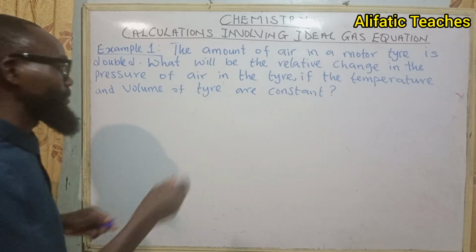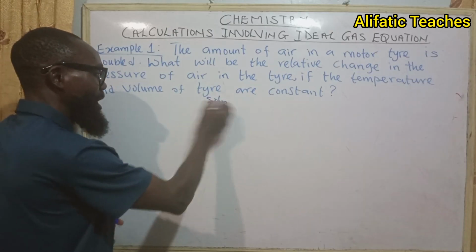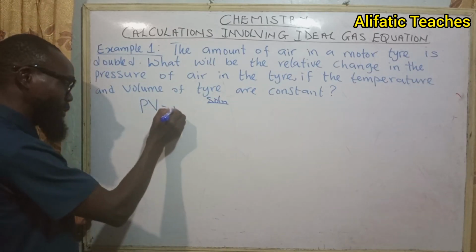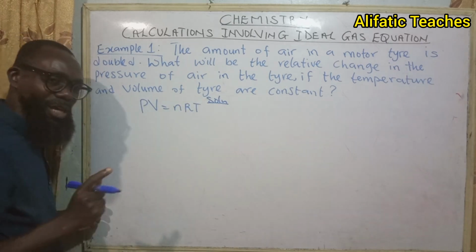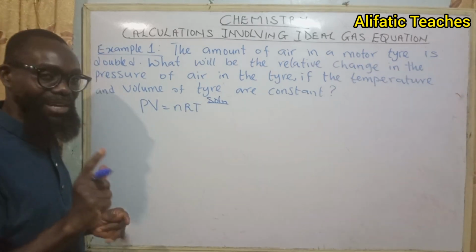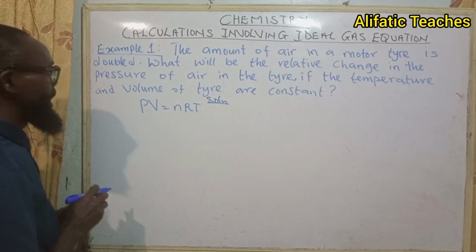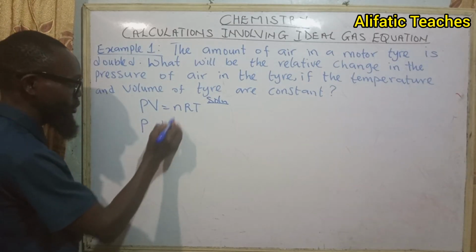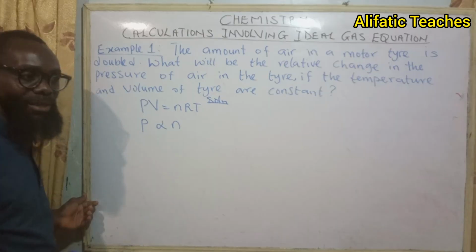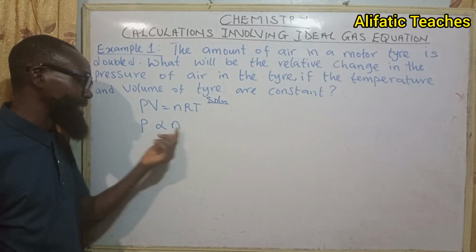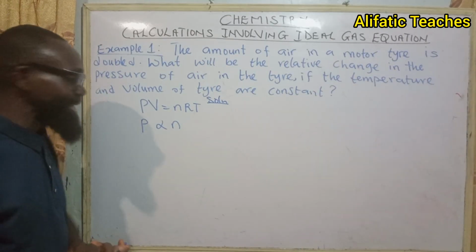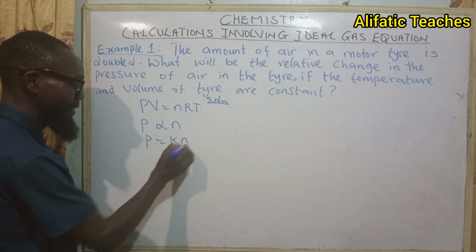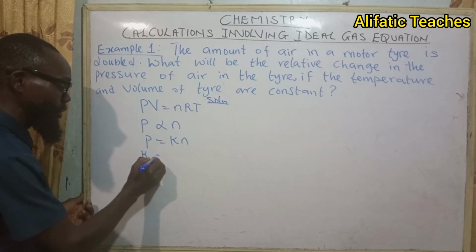If you could recall, from the ideal gas equation that says PV equals nRT, we had some derivation in our last class that the pressure is directly proportional to the amount, meaning the higher the pressure, the higher the amount. Now, let me remove the proportionality and put P equals Kn, where K is equal to 1.